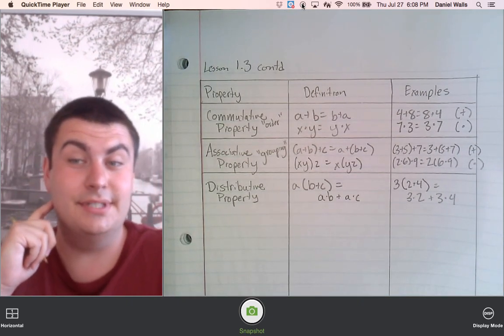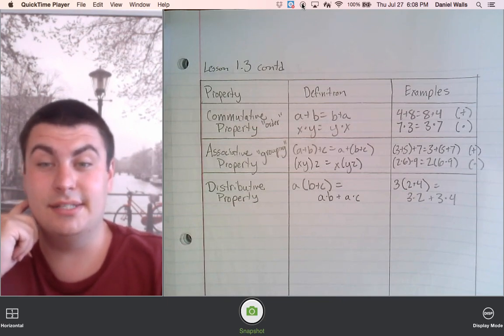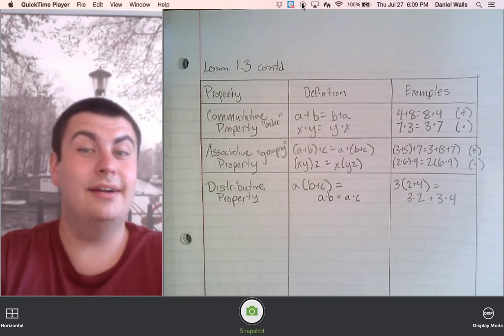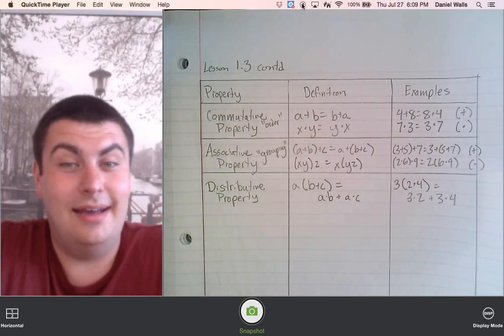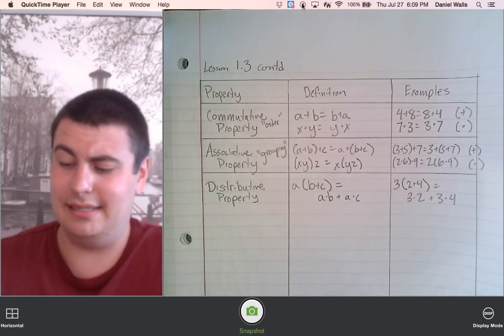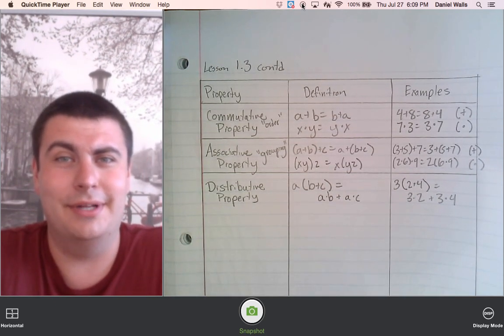Alright? So here are our properties. Let's see if we can do a little bit with identifying between these commutative and associative properties real quick.